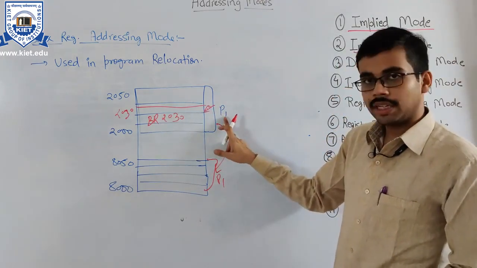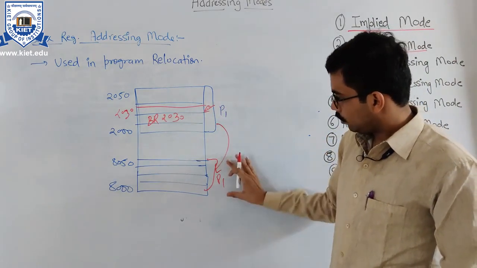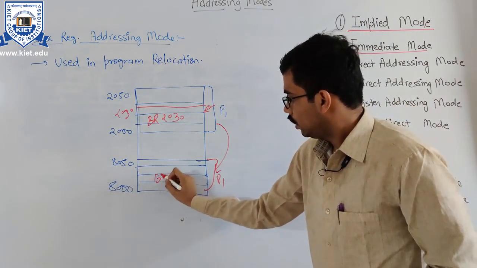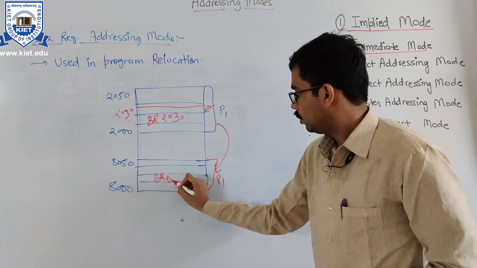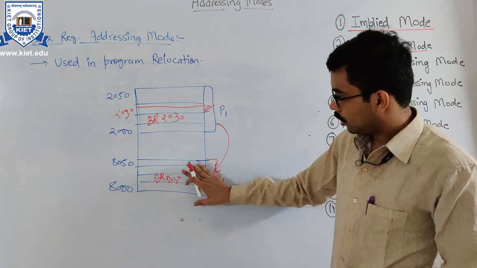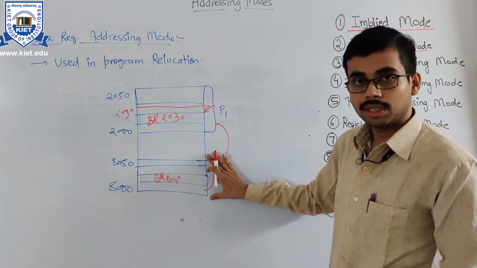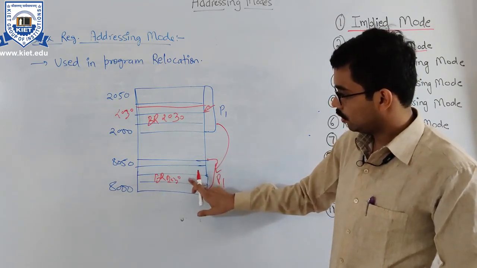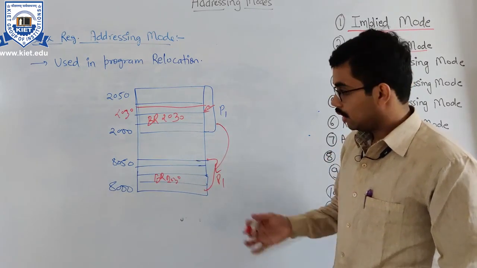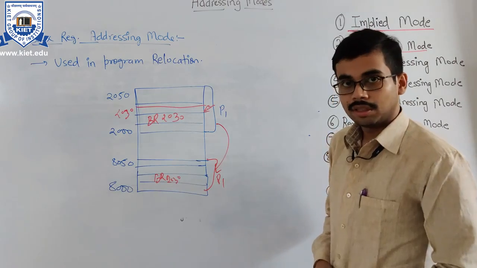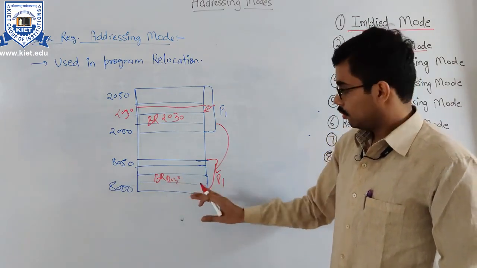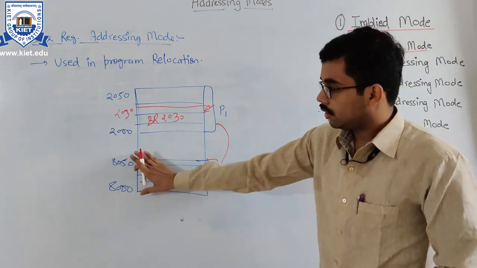But if we relocate this program here, it will still say BR 2030, and in this program that location is not accessible, because the instruction that was at 2030 is now at 8030.